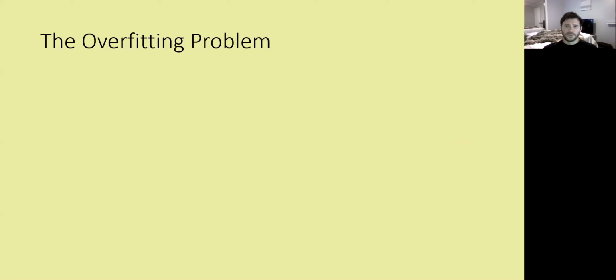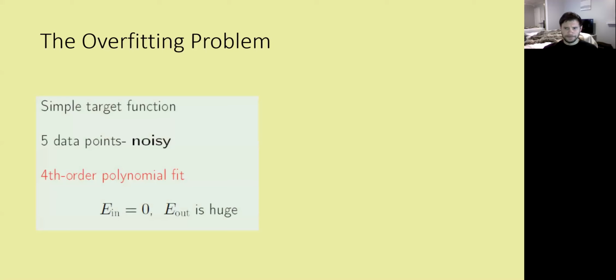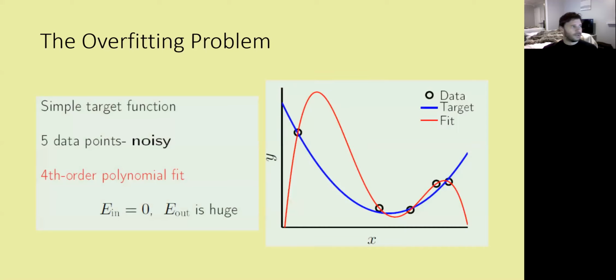Okay, let's suppose we have a simple target function, and that target function is here in blue. This blue line is our data generating process. Along this blue line, we have sampled 5 different data points with a little bit of noise. What do we mean by noise?